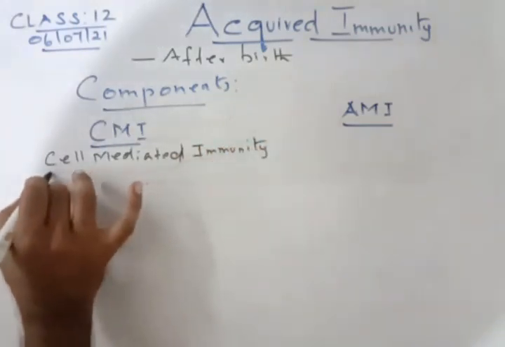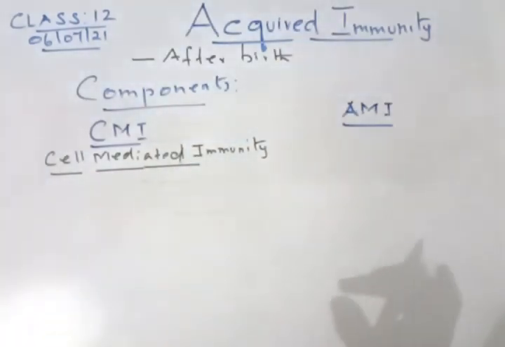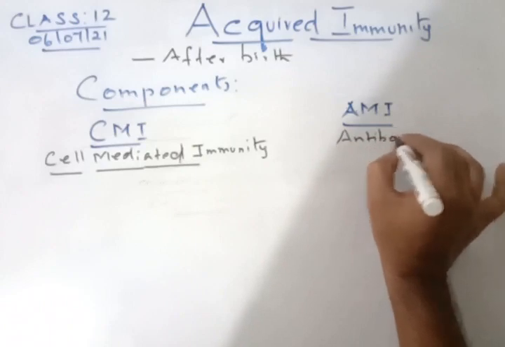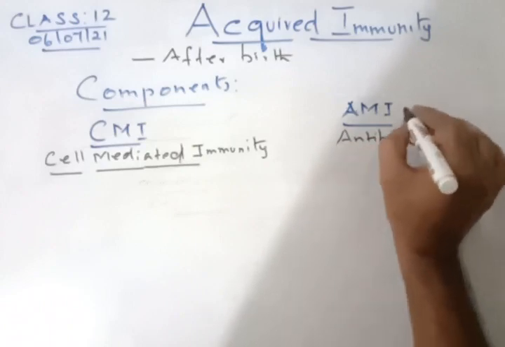Okay, so here the cell is going to be involved in destroying the pathogen, the antigen, whereas AMI is otherwise called antibody mediated immunity. It is also called humoral.